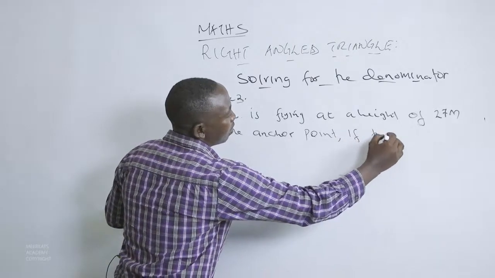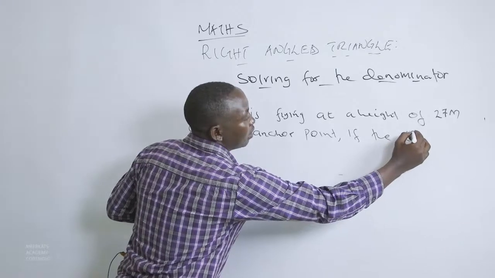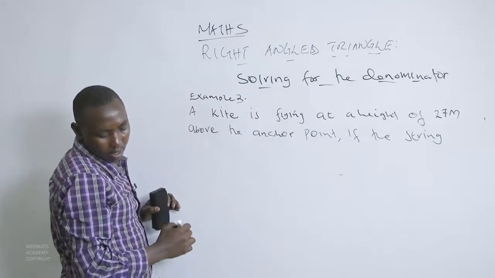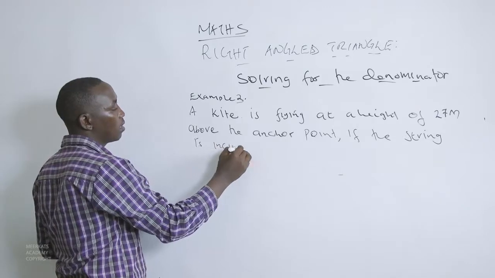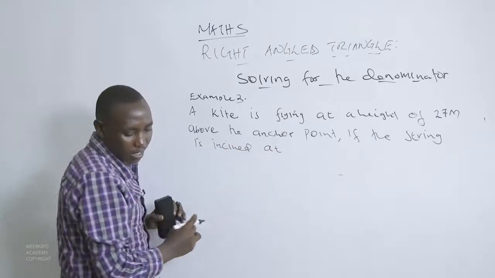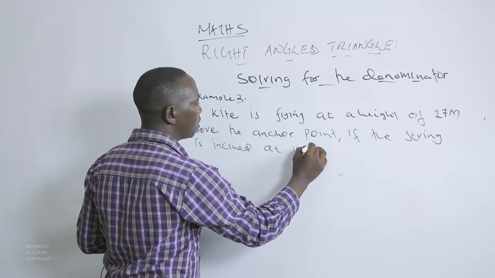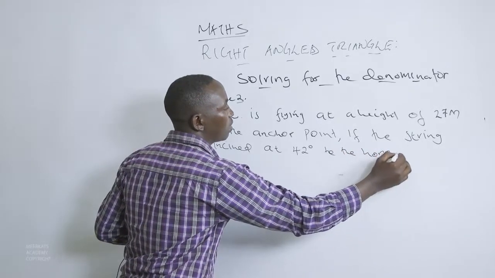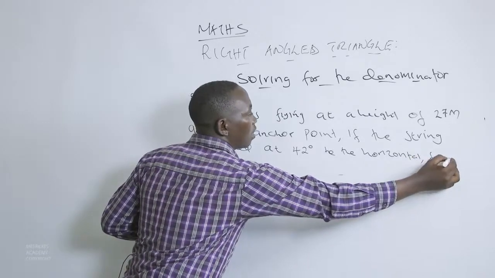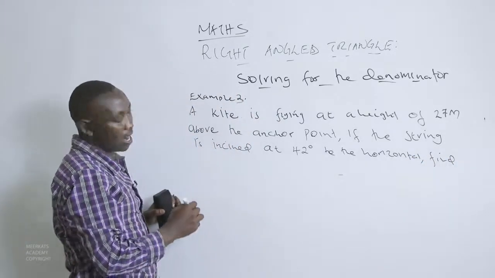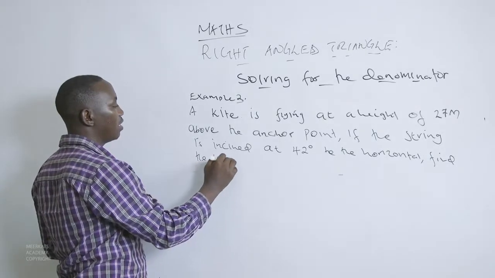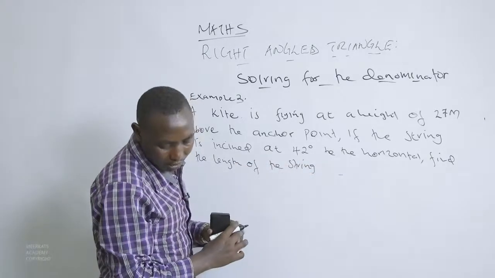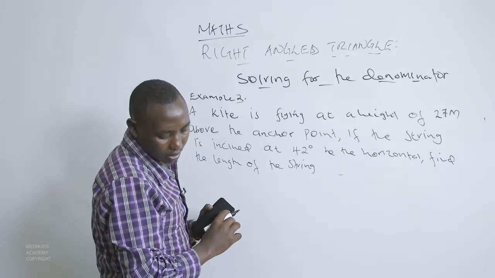If the string is inclined at 42 degrees to the horizontal, we are supposed to find the length of that particular string, correct to the nearest meter.